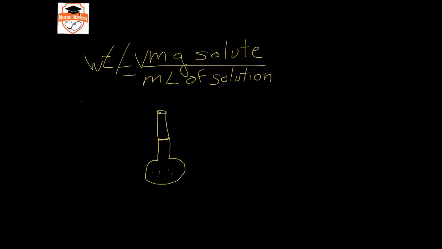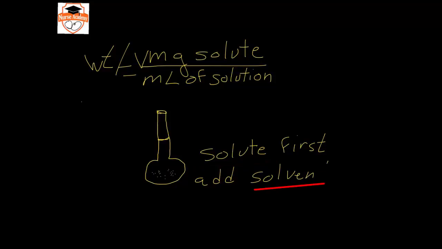And this would have a line on it. You would put the solid first into the flask, and then you would add your solvent, maybe not the entire way, and you would stir up the solution, and then you would raise the level to the bottom of the meniscus after all of your solid had dissolved.